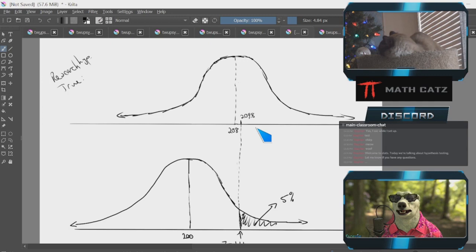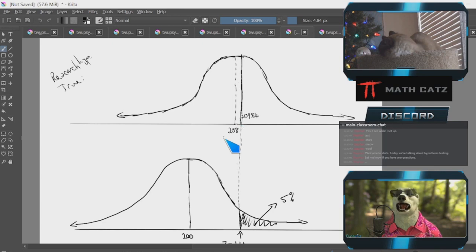Then I am going to reject the null hypothesis in favor of the research hypothesis whenever I get a score beyond this 209.84, with my predicted new population at 208. So let's make a line over here. The predicted mean here is as if I did a preliminary study.